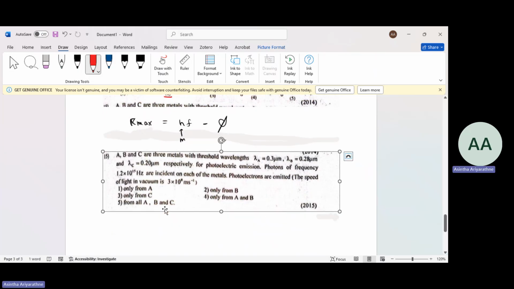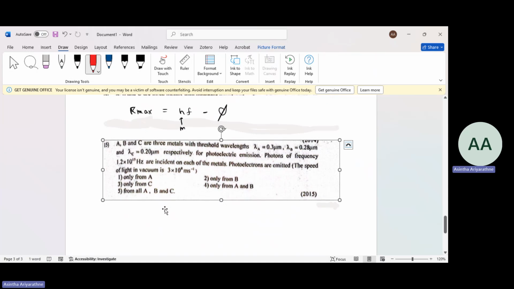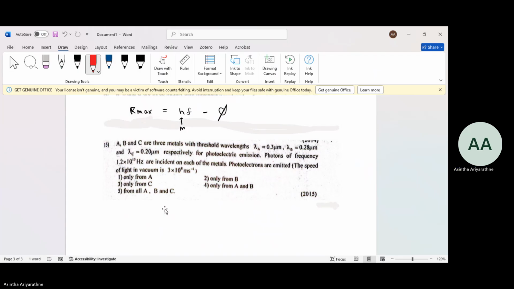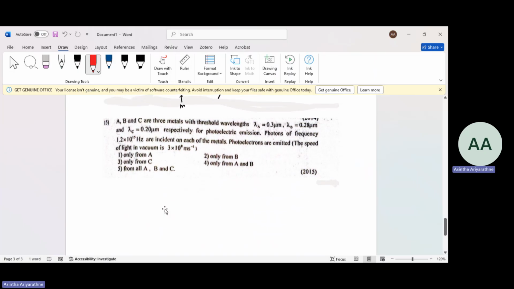A, B, C are three metals with threshold wavelengths: lambda A is 0.3, lambda B is 0.28. For the photoelectric effect, photons of a given frequency are incident on each of the metals. So using this, you can find the wavelength of the photon. Lambda is c over f, where c is 3 times 10 to the power 8.